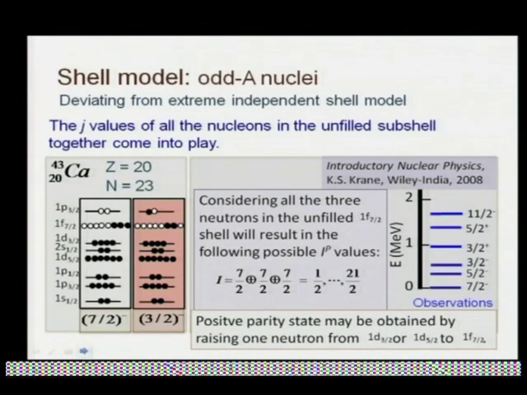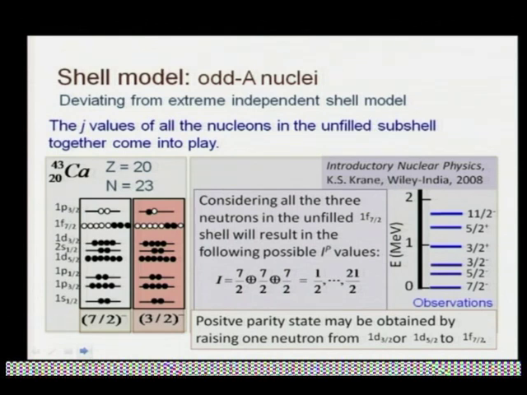Now, the positive parity states may be accommodated by considering a 1d3/2 or 1d5/2, breaking a pair and then going into that. But the catch there is that these are very low lying, and the energy needed to break one such nucleon pair, neutron pair, is about 2 MeV.